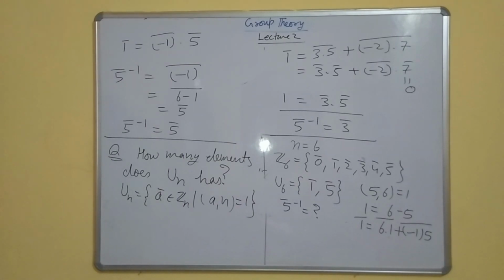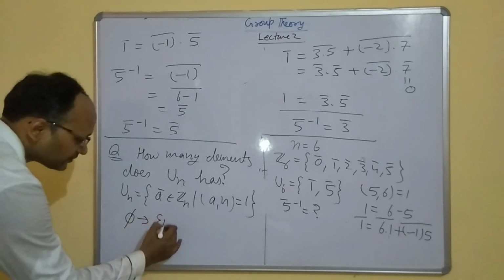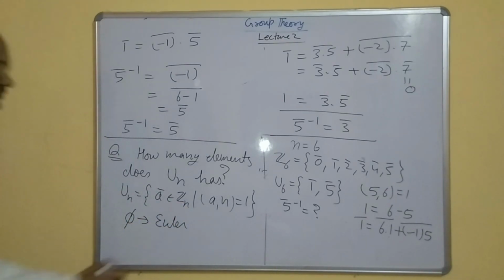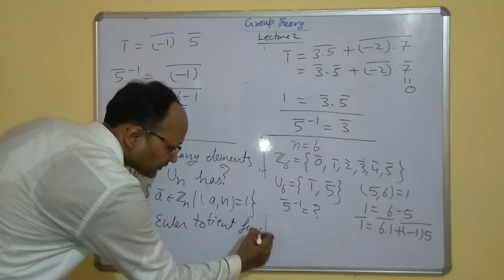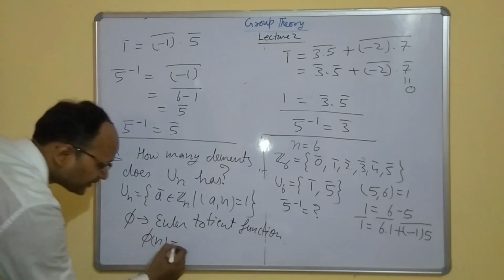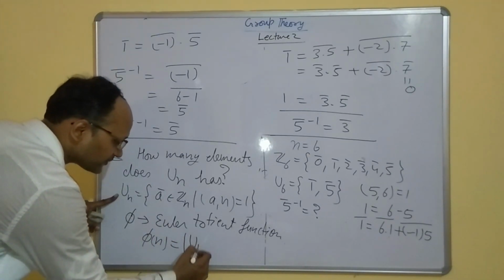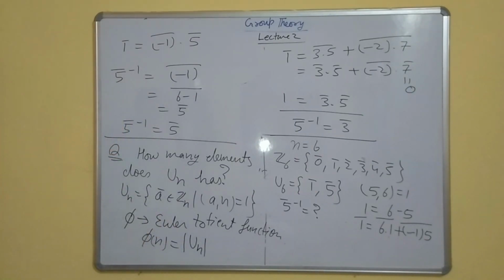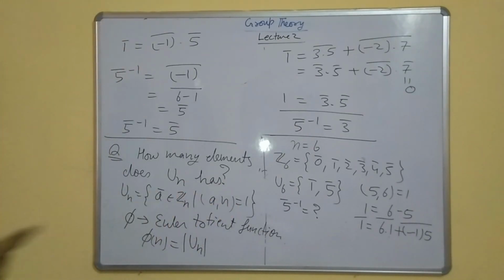There is a function called the Euler function, the Euler quotient function, whose value at n is exactly the same as the cardinality of Un. It tells you the number of those integers which are less than n and have GCD 1 with n.